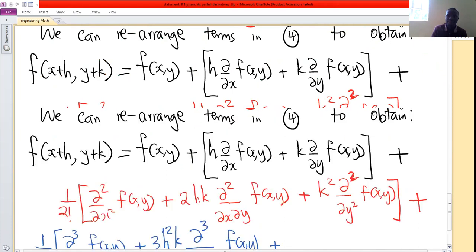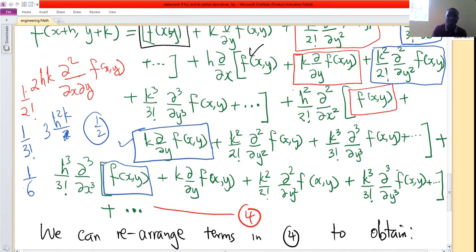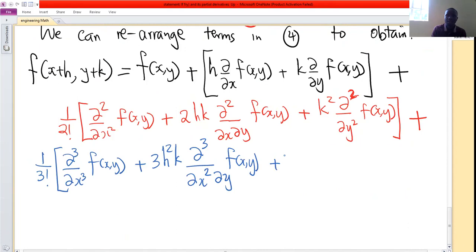Plus, next one. So I've dealt with this and this one also. This one here is h times k squared over 2 factorial, just the same as 2, and I have factored out 1 over 3 factorial, which is the same as 1 over 6. So I also need to multiply it by 3, so that when I open the bracket, I still get 2 in the denominator. So I'll have 3 h k squared, and then partial cubed, partial x, partial y squared, of the function f of x y.